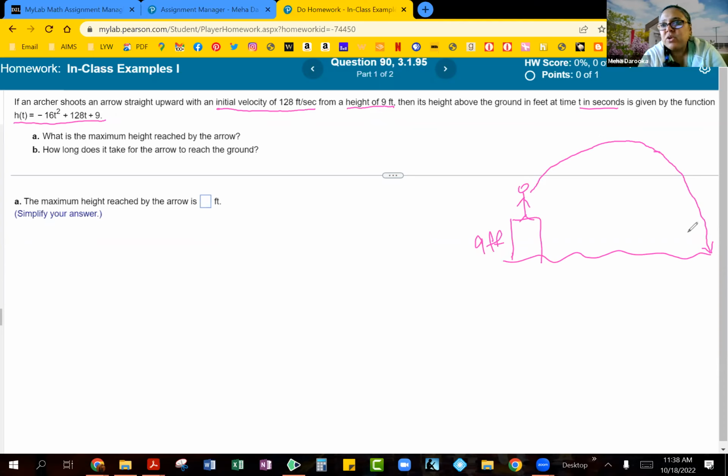So that's kind of what you are trying to figure out. So that initial velocity of 128 feet per second, you can see that's where that 128 is coming from. The height that the archer is at, 9 feet, you can see that's where that 9 feet is coming from. Does anybody know where we get that negative 16 from?